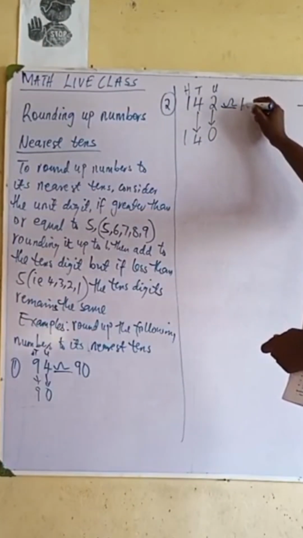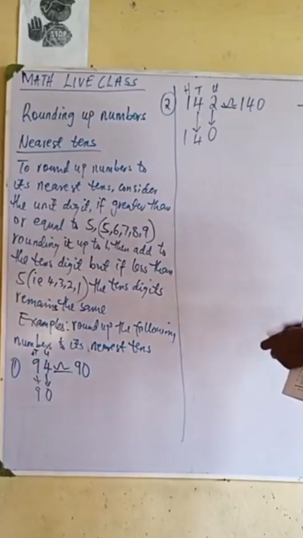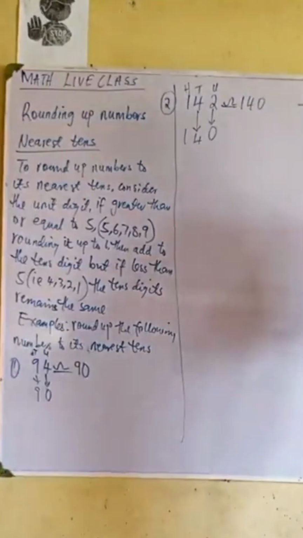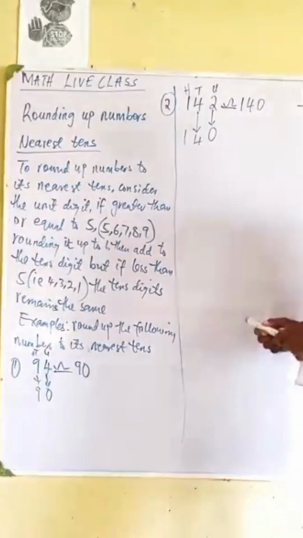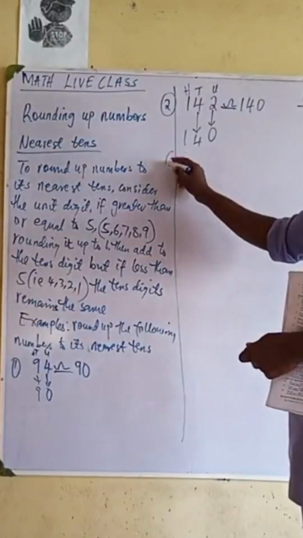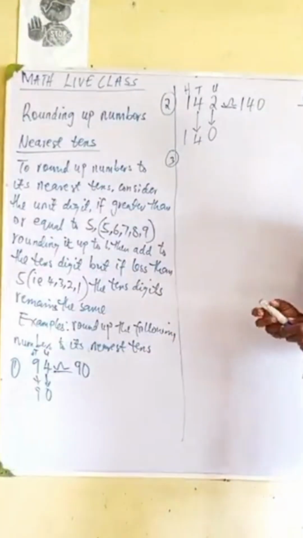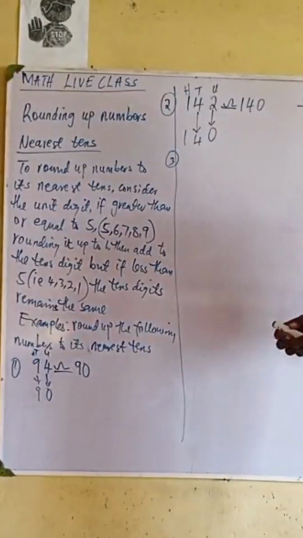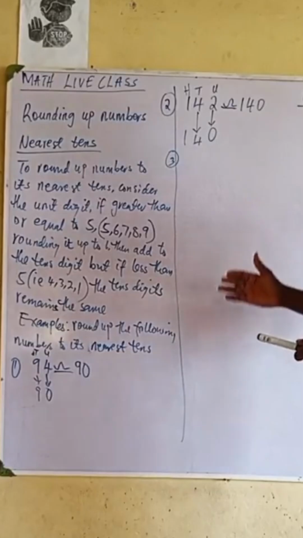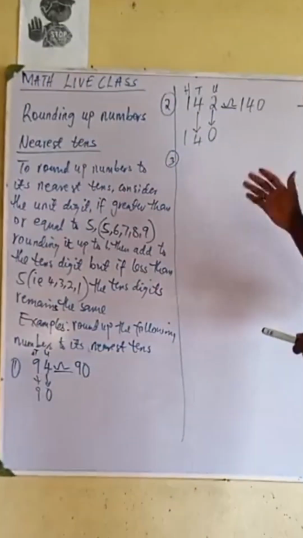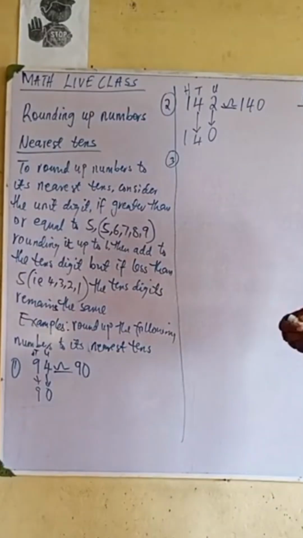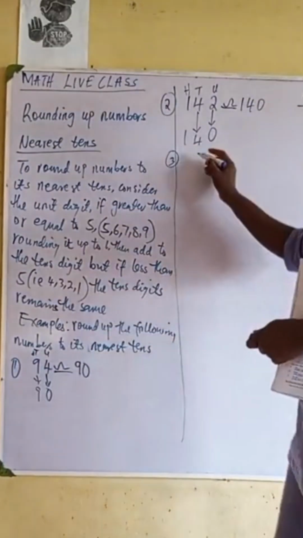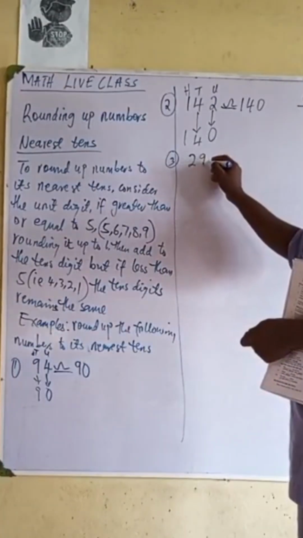So this is a sign for estimation, approximation. We have here 140 to the nearest tens. Let's do another example, number 3. Now we are rounding up this to what? Still to the nearest tens. And what we are looking at now is rounding up these numbers when the unit digit is not up to 5 or greater than 5.